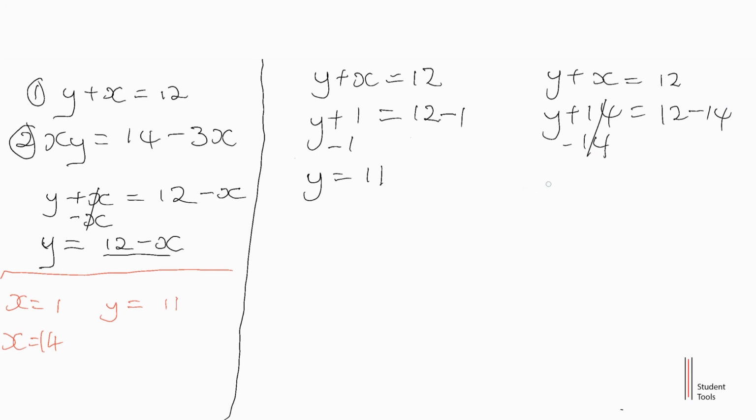So this will be equal to 0, y equal to 12 minus 14, that is negative 2. And therefore, when x is equal to 14, y is equal to negative 2. And that is just how we solve these equations simultaneously.